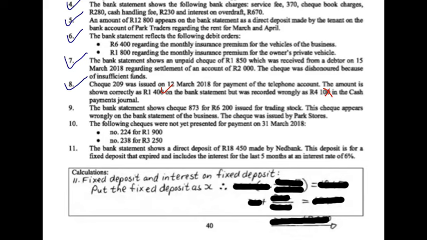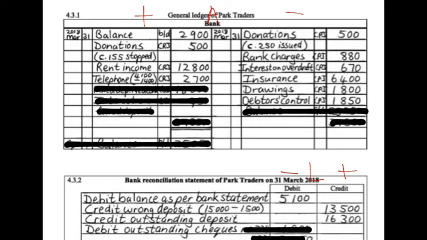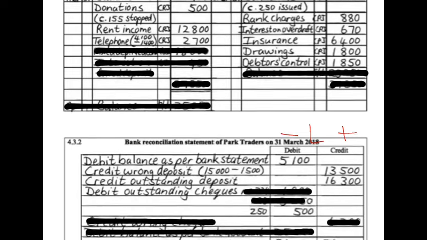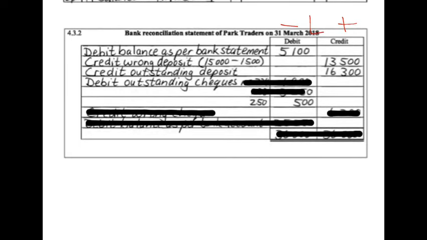This is an error on the bank side, so the bank needs to correct it. So in terms of the bank, we're going to show it as a correction on the bank recon. Because it was a check that they put through on the debit side, to correct it we need to put through a credit to cancel it out. So credit the wrong check of 6,200.